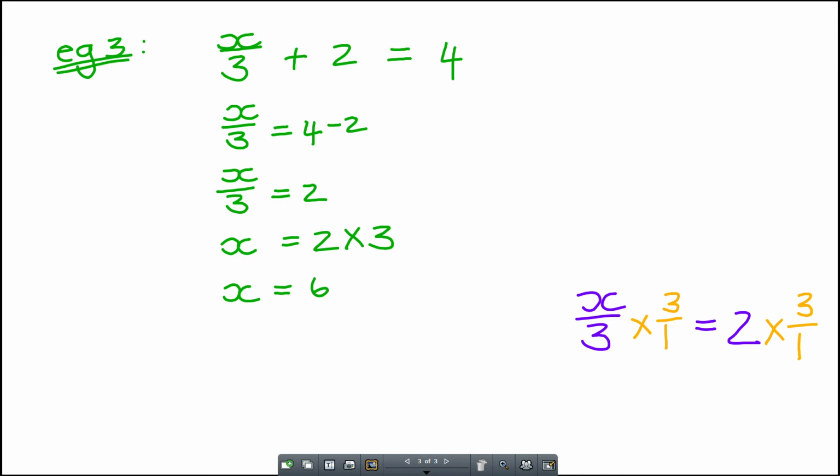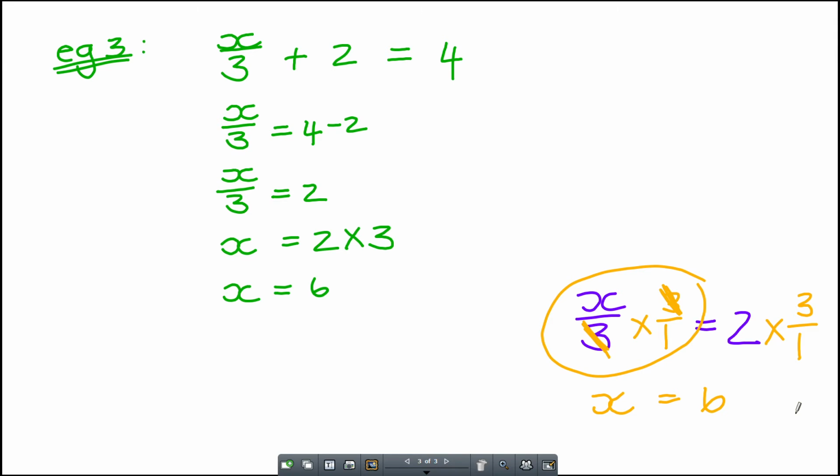Can you see that this one will cancel out with that one? So that over here is how I just get x. Then 2 times 3 gave me 6. So it's basically to get rid of that fraction. Does it now make a bit more sense? Is anyone still unsure?